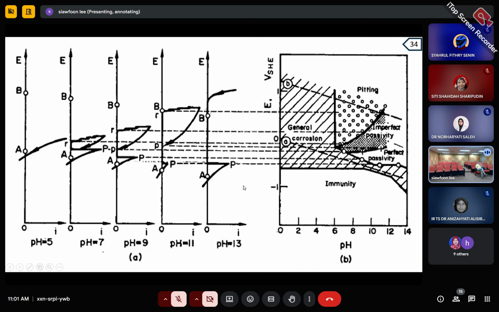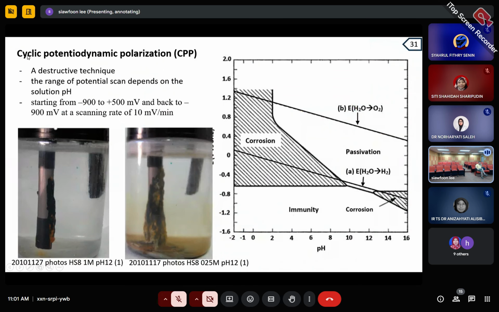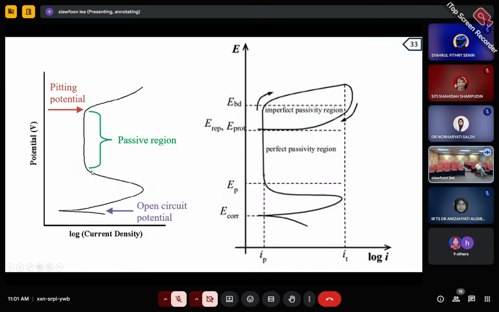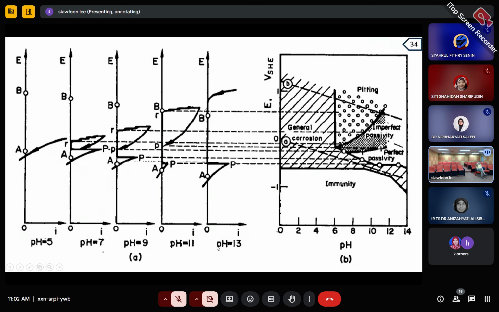And this technique, called cyclic potential polarization, allows you to see this kind of curve, where the passive region happens, and for engineers to decide when they should apply the potential. For example, if the steel is not that corroded but you want to repair it, then within the pH of the solution that you have, you need to know in which region of the potential you need to apply.